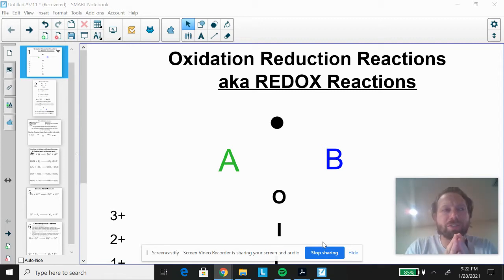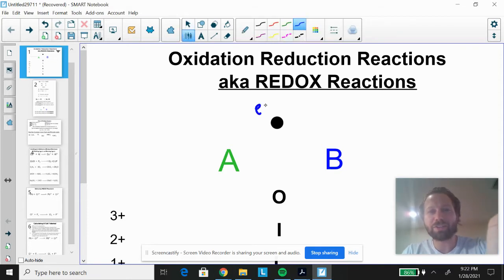Some reactions happen because there's something that's transferred from one element or substance to another, and what happens is it makes those substances charged in a way that attracts them to each other. And that substance that passes from one substance to another is an electron.